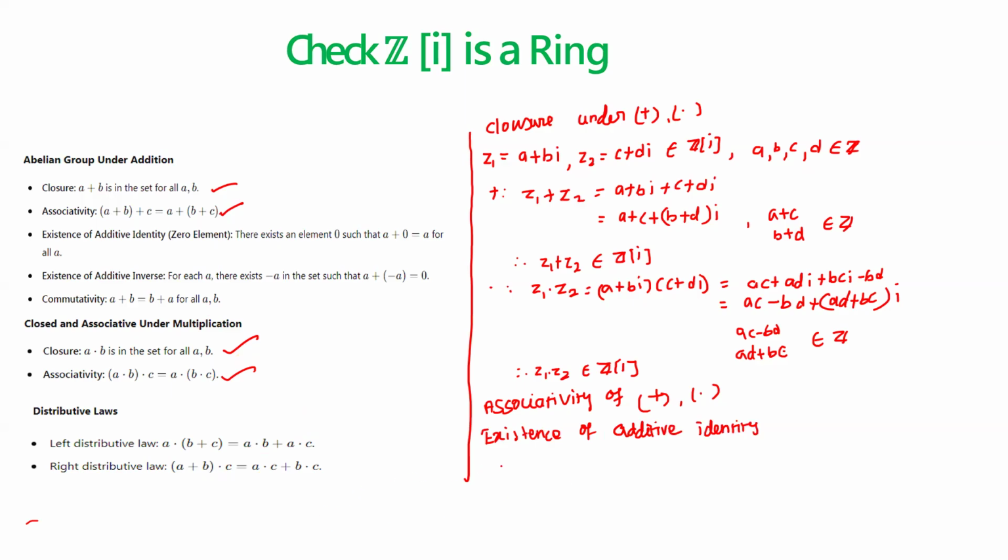The element 0 plus 0i, simply we can write as 0, is in Z[i], since 0 is an integer. Therefore, 0 belongs to Z[i]. Therefore, the additive identity also exists.